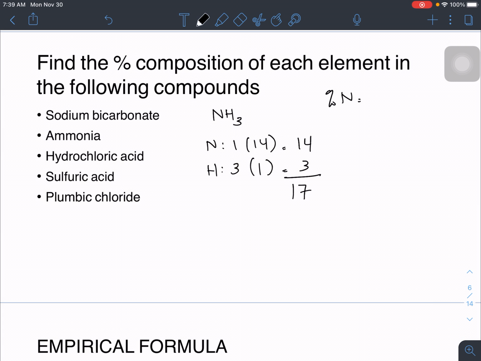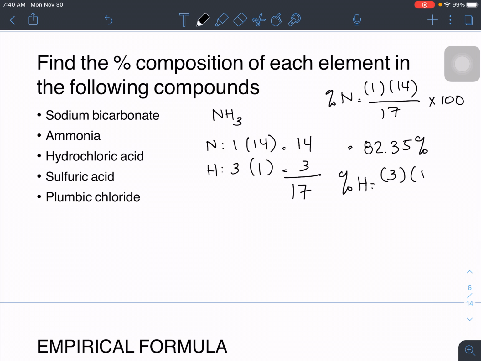There is 1 atom of nitrogen multiplied by 14, all over 17 multiplied by 100. That will be equal to 82.35%. And for hydrogen, there are 3 atoms multiplied by 1, all over 17 multiplied by 100. This will be 17.64%.